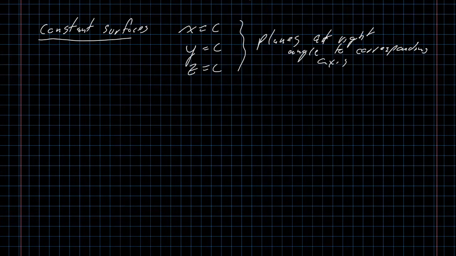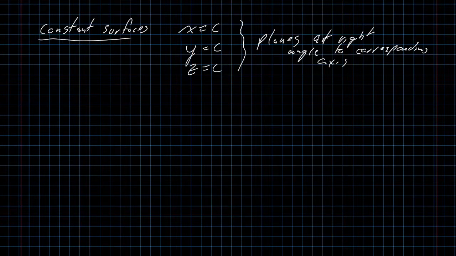X equals c is a plane that is perpendicular to the x-axis. Y equals c is a plane perpendicular to the y-axis. Z equals c is a plane perpendicular to the z-axis.